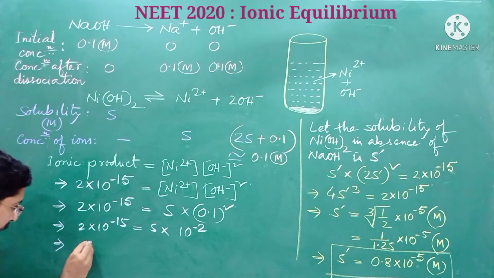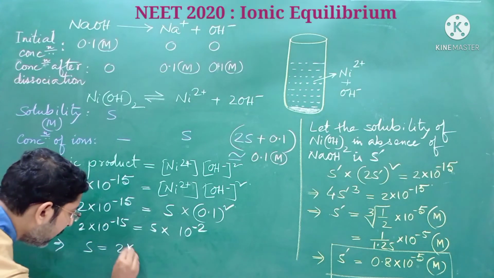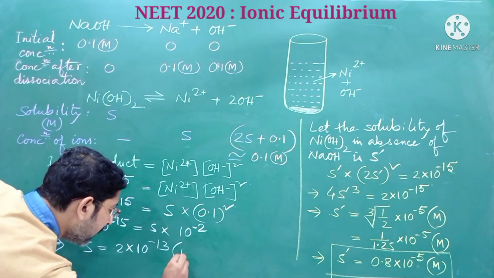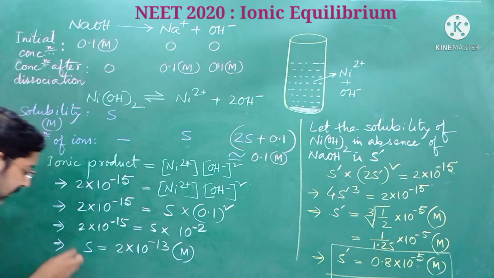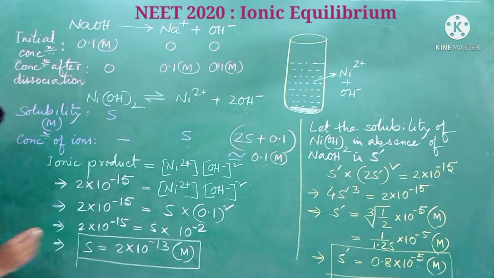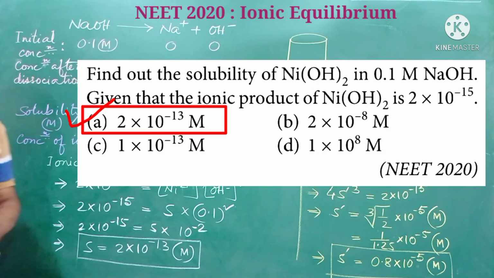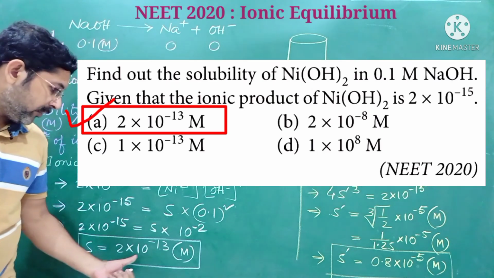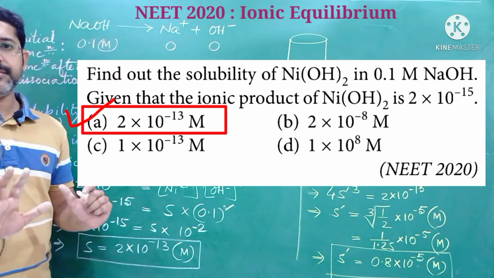So capital S equals 2 into 10 to the power minus 13 molar. This is the answer of the problem. The correct answer is option A, which is 2 into 10 to the power minus 13 molar.